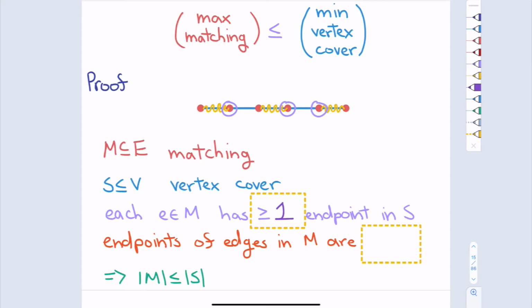So the definition of a matching is what? I have two edges in a matching. What do I know about the endpoints? Can they be the same? They always have to be different. They're always distinct.